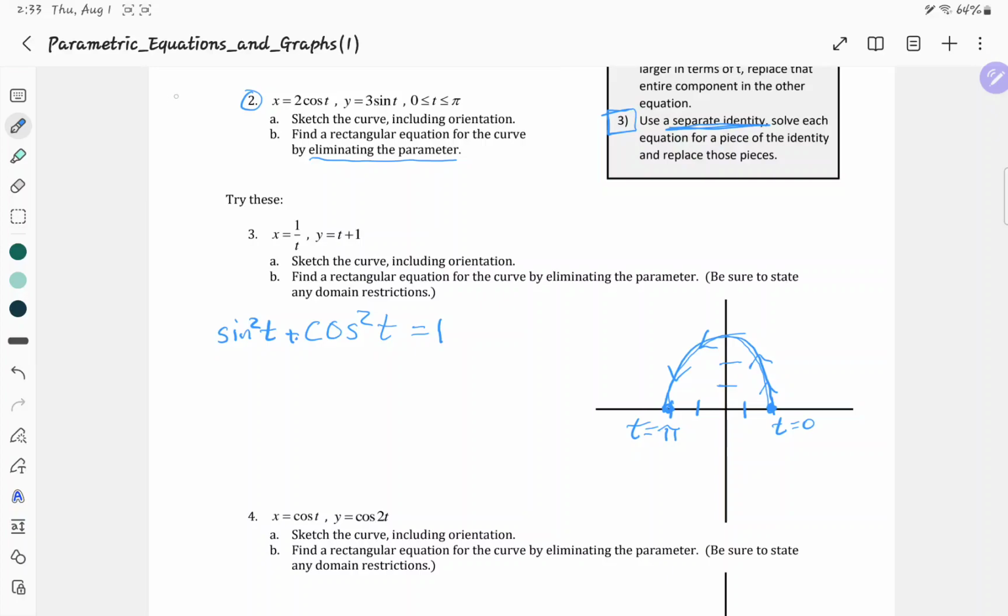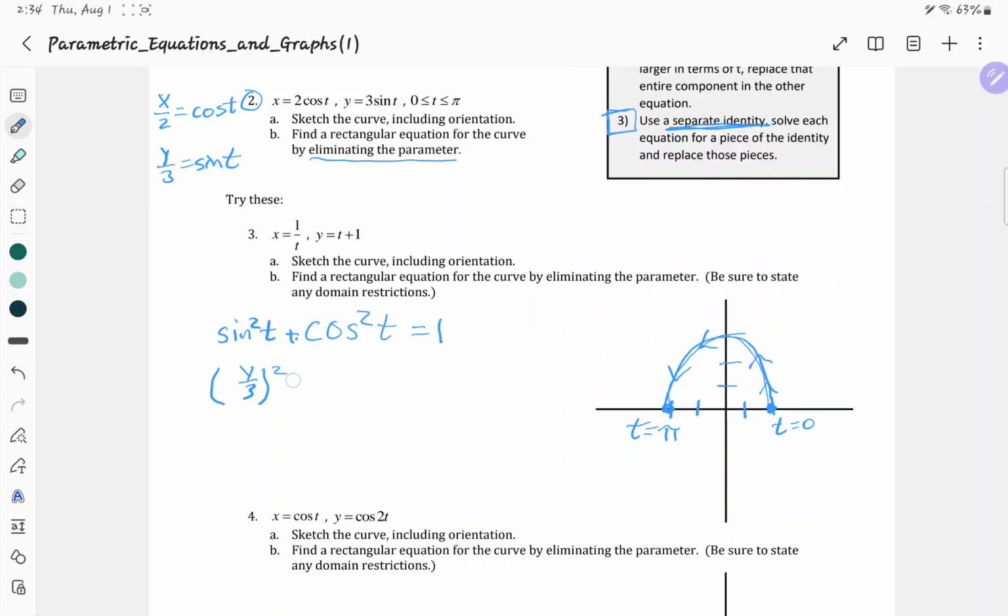And now I can go and replace that sine and cosine with what I had up here. So what I had up here was, again, if I divide both sides by 2, that x over 2 is cosine t. And if I divide both sides by 3, that y over 3 is sine t. Now both that sine and cosine are going to get squared, so we'll replace that sine with y over 3, which is going to get squared.